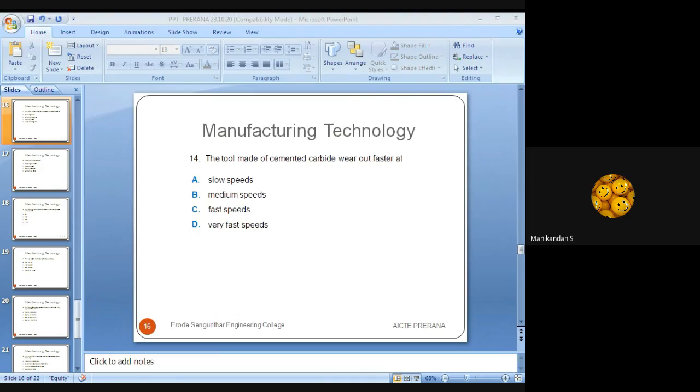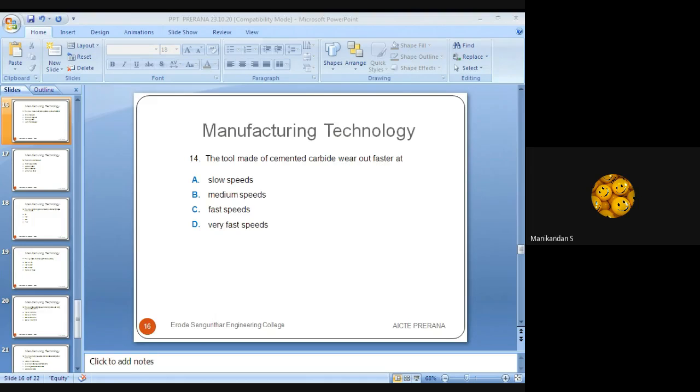Okay, at very slow speeds because of availability for wearing. That is the main reason actually. Because in powder metallurgy techniques, the cobalt binder is at a very high temperature.